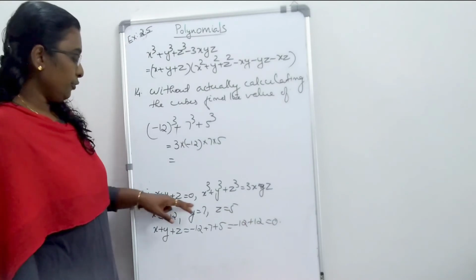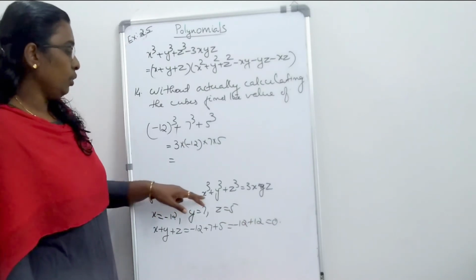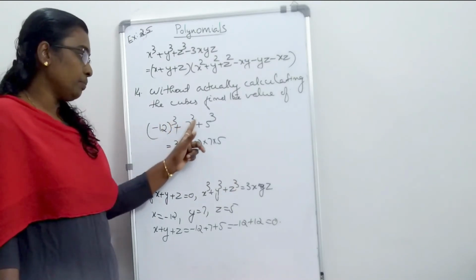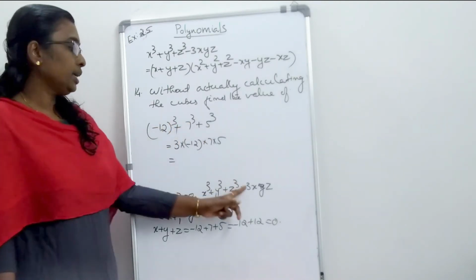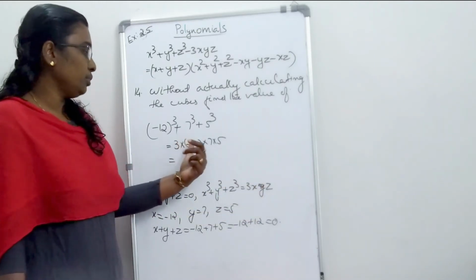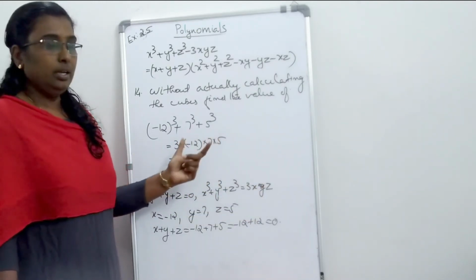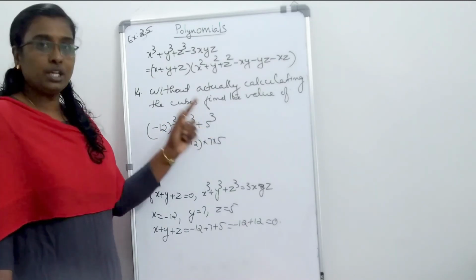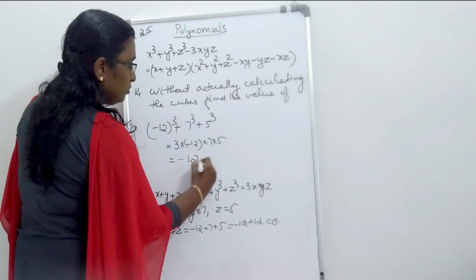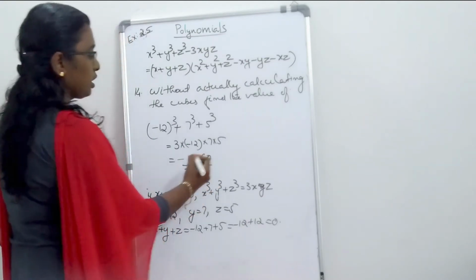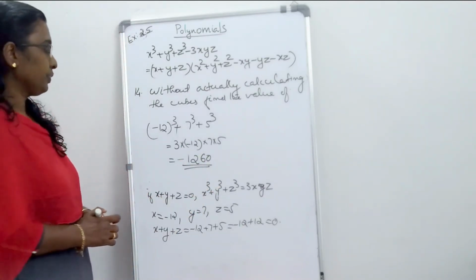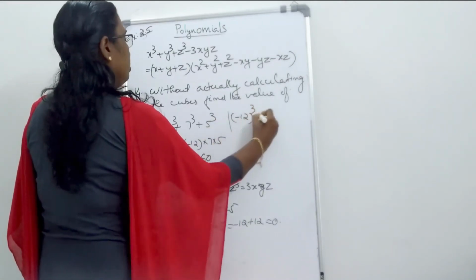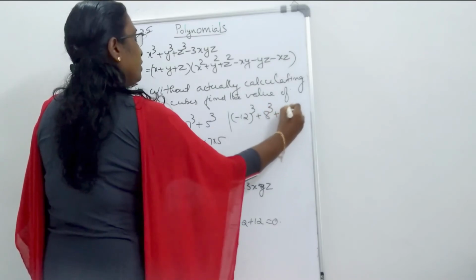So x cube plus y cube plus z cube equals 3xyz, 3 into x into y into z. This is applied only if x plus y plus z equals 0. This is equal to minus 1260. Now, if the question is find the value of minus 12 the whole cube plus 8 cube plus 5 cube.